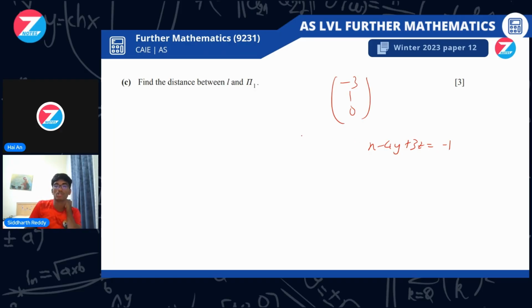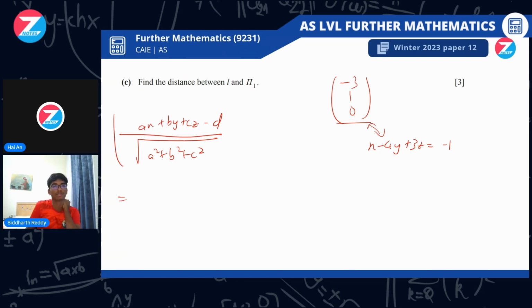Okay. So the formula for the distance from a point to a plane is the absolute value of ax plus by plus cz minus d, divided by the square root of a squared plus b squared plus c squared. So that's the distance. So a is going to be this coefficient, that's going to be 1.